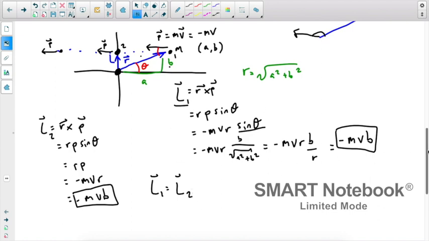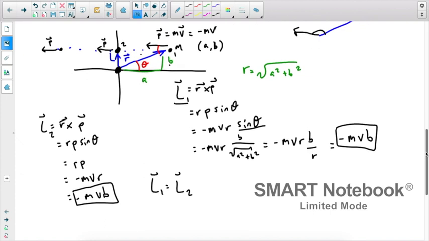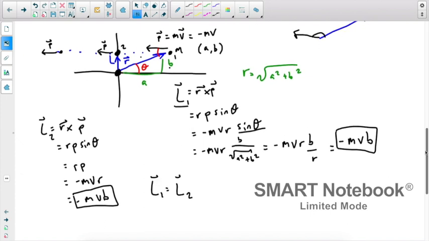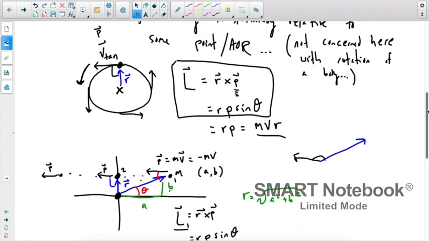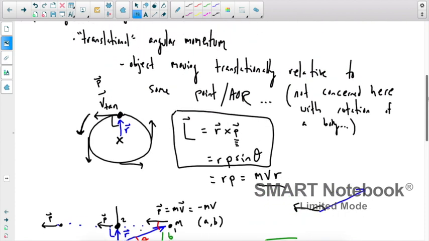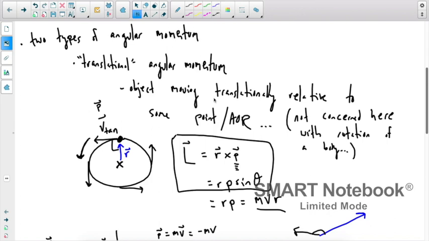Okay, so I kind of got off on a little tangent there going through that example, but I just want you guys to get the hang of this idea that angular momentum holds for particles moving translationally, in which case we are speaking about quote-unquote translational angular momentum, and that is just when a particle has momentum relative to some point in space.